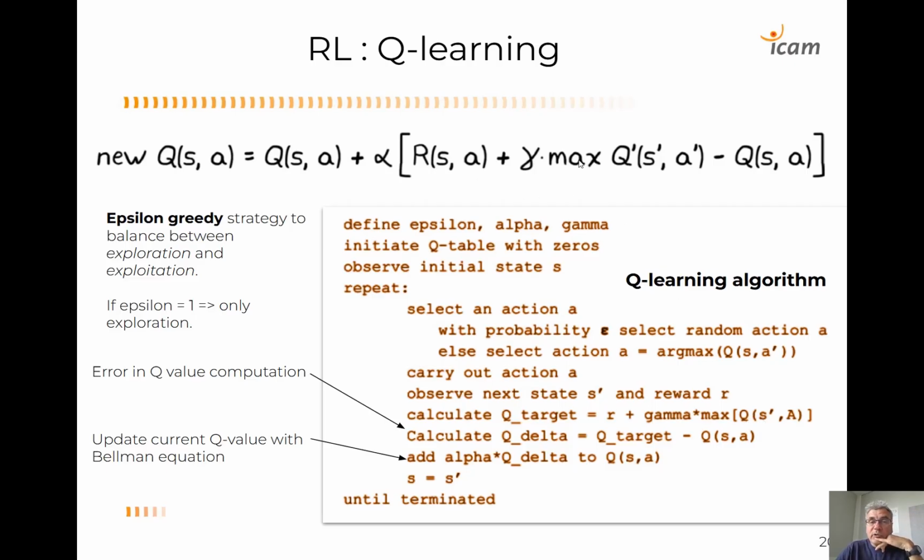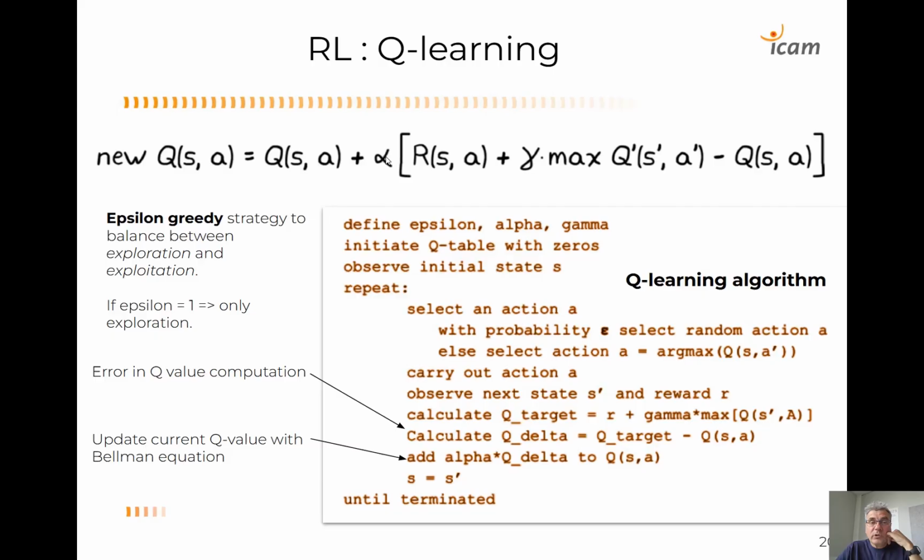So we have computed all this. Now we save this in the Q target. So the Q target, which is this value here, we subtract the current Q value of action A being in the state S. We compute all this here, and all this is the Q delta.